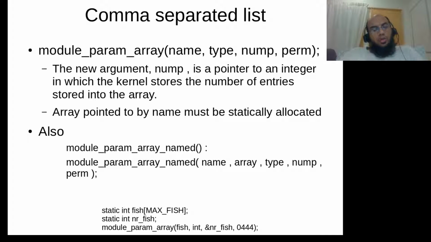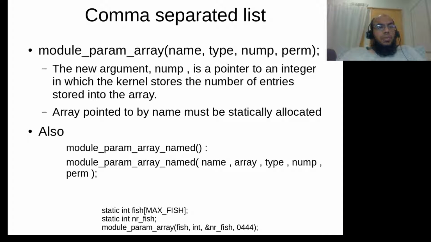It's a pointer to the integer, so you're not passing the actual integer. And the array pointed to by name must be statically allocated. It cannot be dynamic. You can also use module_param_array_named again to have the extra differentiation between internal and external array types.